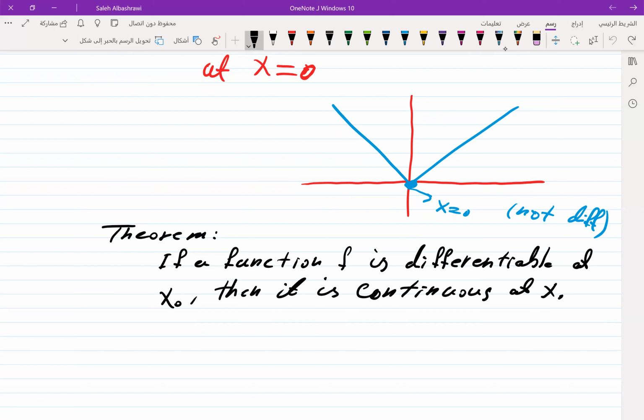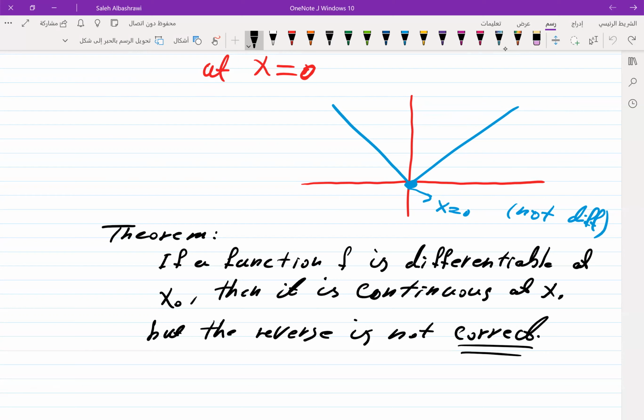But the reverse is not correct. It means I can have a continuous function that is not differentiable, like the example that we gave. Absolute value of x is continuous, but it is not differentiable. However, any differentiable function must be continuous. Any differentiable function is continuous, but not any continuous function is differentiable.